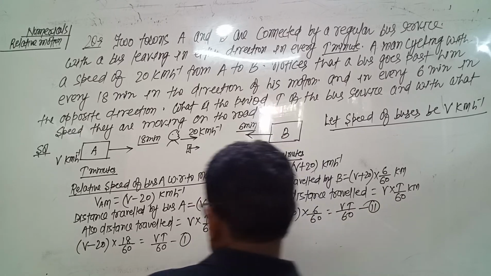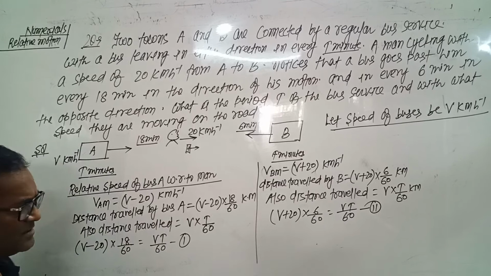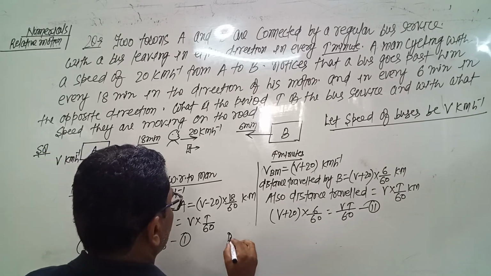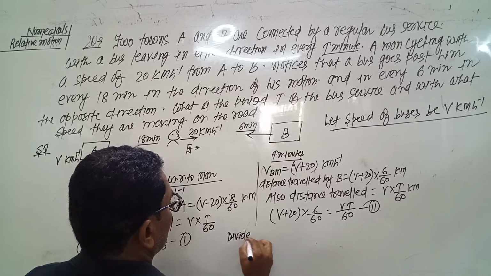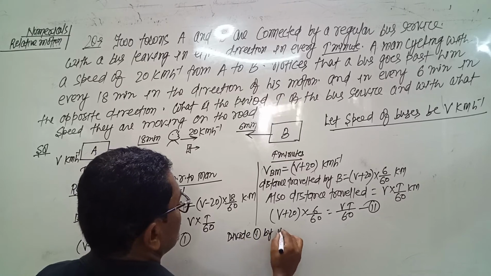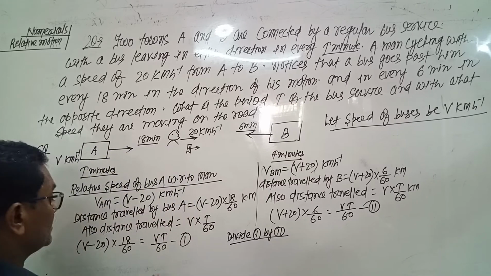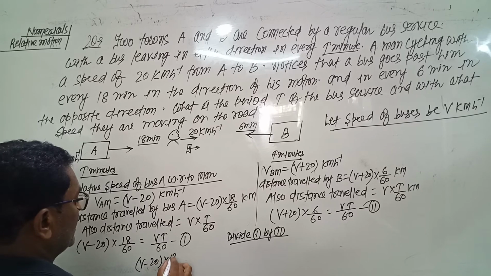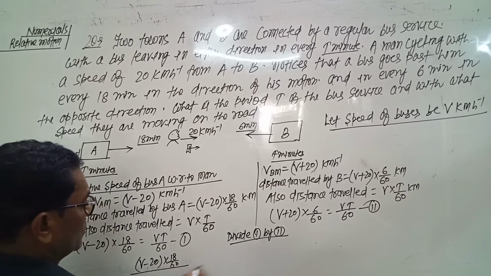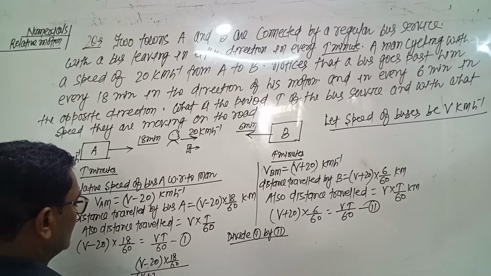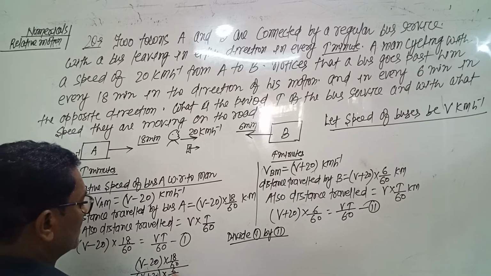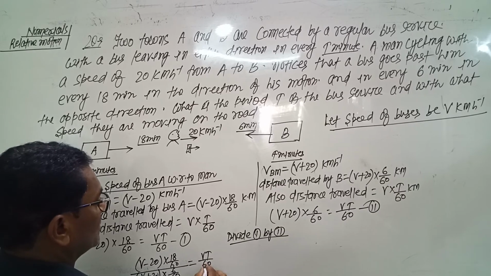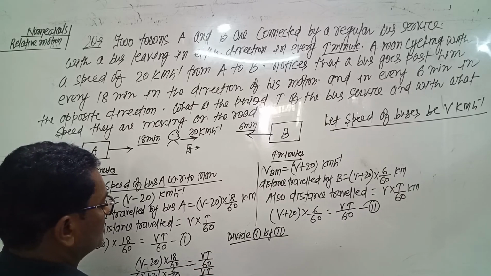Second equation. Now divide first by second. So we get (v minus 20) into 18 by 60 upon (v plus 20) into 6 by 60 equals v T by 60 upon v T by 60.